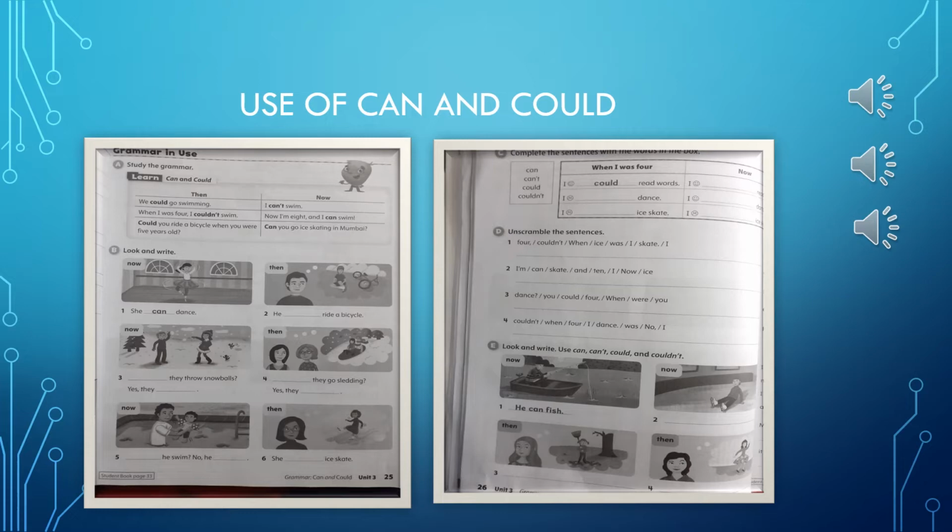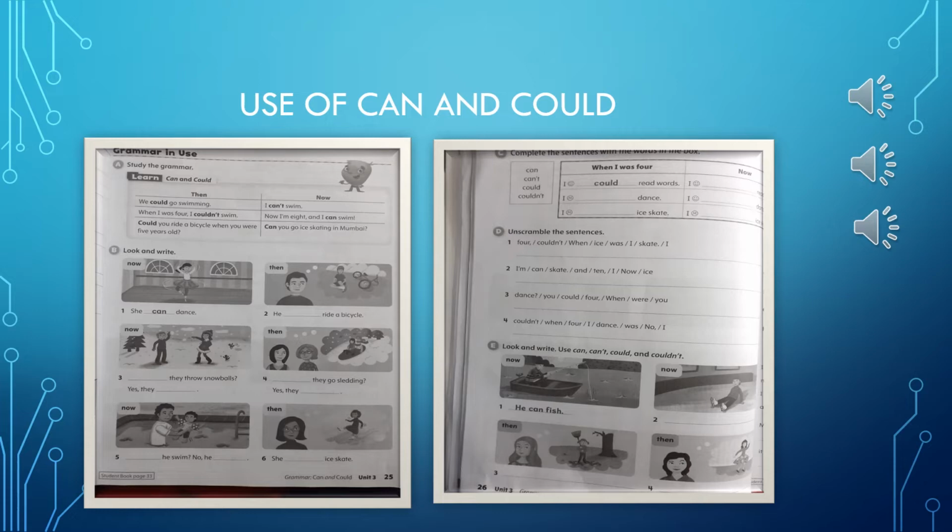Number two, in the picture it shows then. That means it shows past. So he dash ride a bicycle. You can see in the picture, is he able to ride a bicycle or not? No, he couldn't.